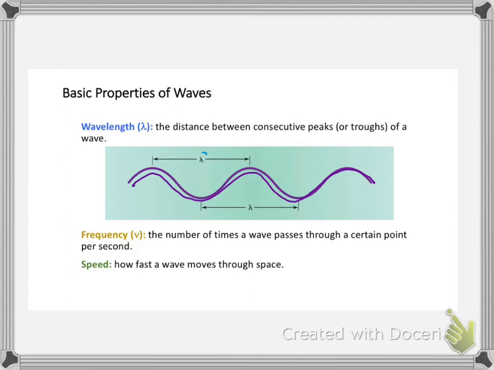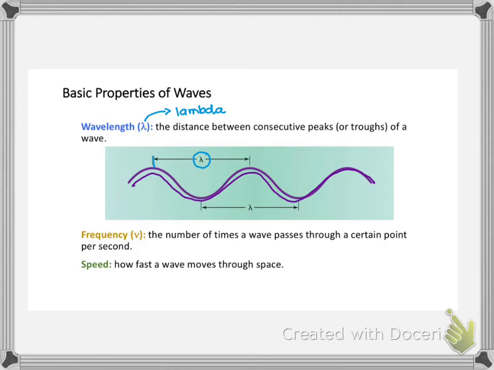One of them is the wavelength. And that little symbol there is a Greek letter lambda. So the wavelength is the distance between the peaks or the troughs of a wave.